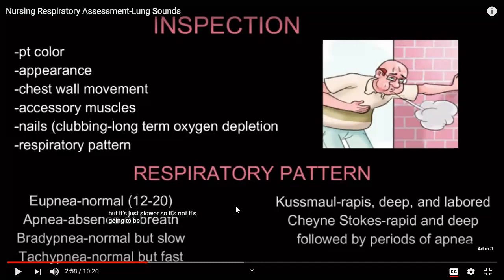If the respiration is absent, stoppage of the respiration is called apnea. A stands for absent. Absence of respiration, stoppage. If the respiration is less than 12, it is called bradypnea, not bradycardia. Bradycardia is the heart rate.